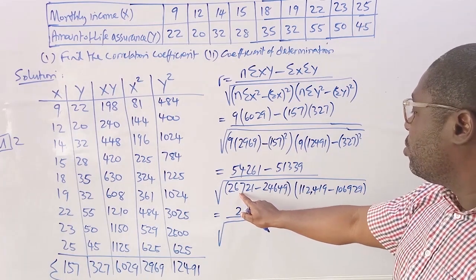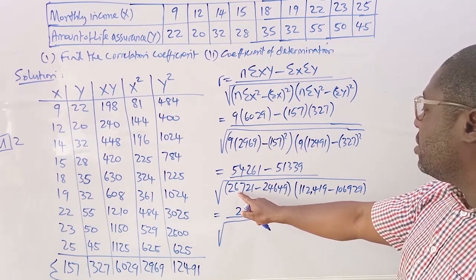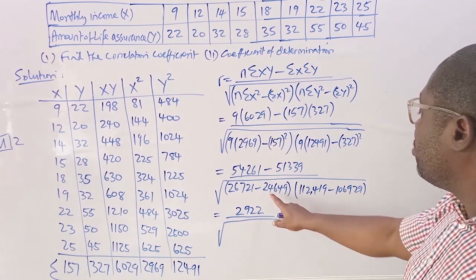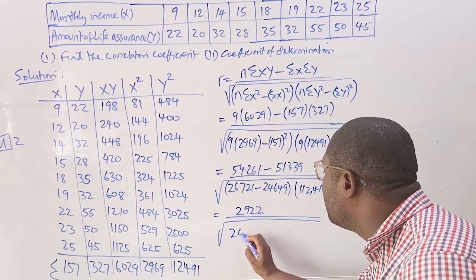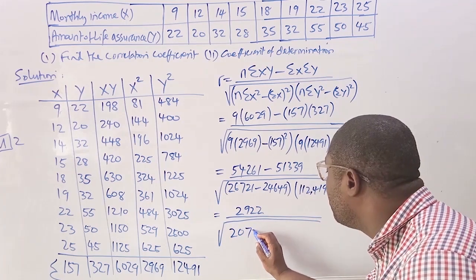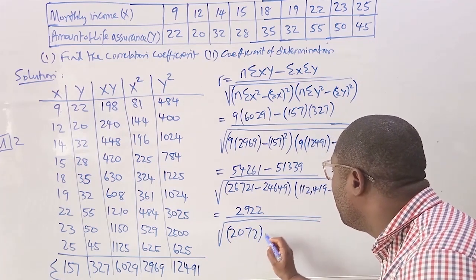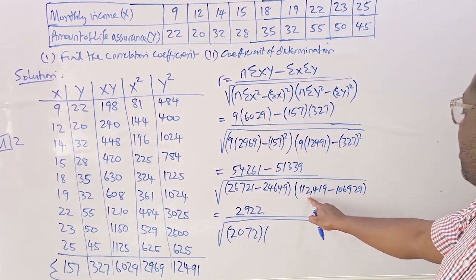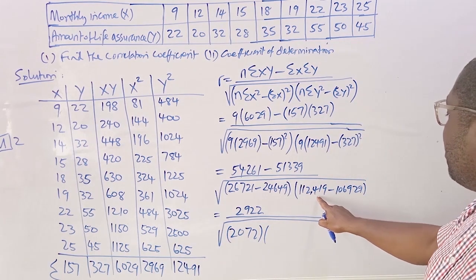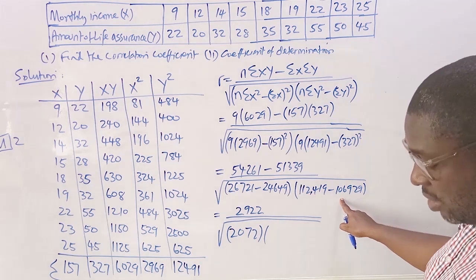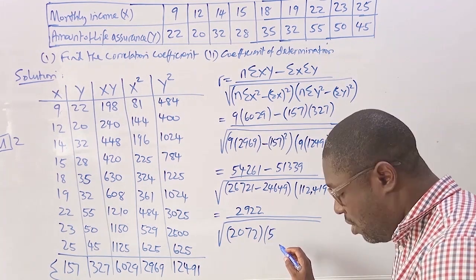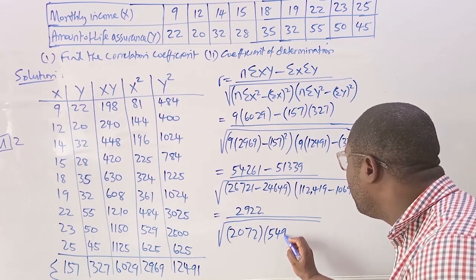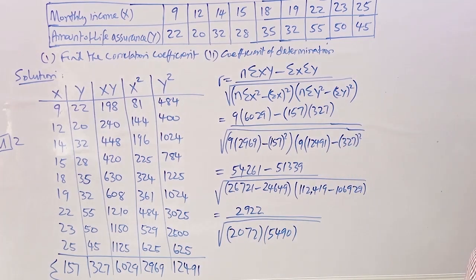This value, 26,721 minus 24,649, that will give us 2072. Okay, multiply by this value, 112,419 minus 106,929. We're going to have 5,490. So that's what we have.